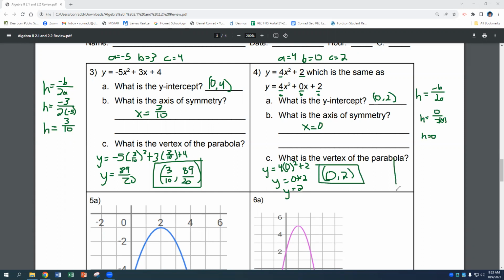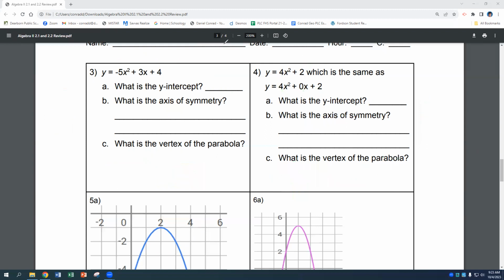So when I graph this, right, my vertex is going to be on that y-intercept. All right, that's vertex and y-intercept from standard form. Let's look at 5a and 5c.